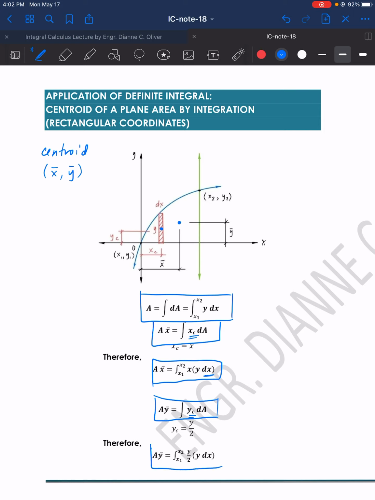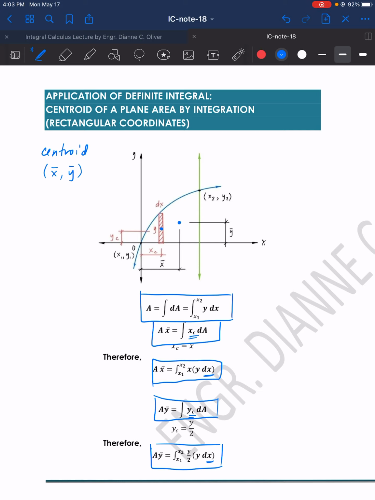Then for A y bar, take note that the distance yc here is 1/2 of the length of the area strip. So that is why we have yc as y/2. Then if we substitute it in the general formula, it becomes A y bar is equal to the integral of y/2 times y dx, and the limits are x1 to x2 because we are using dx.